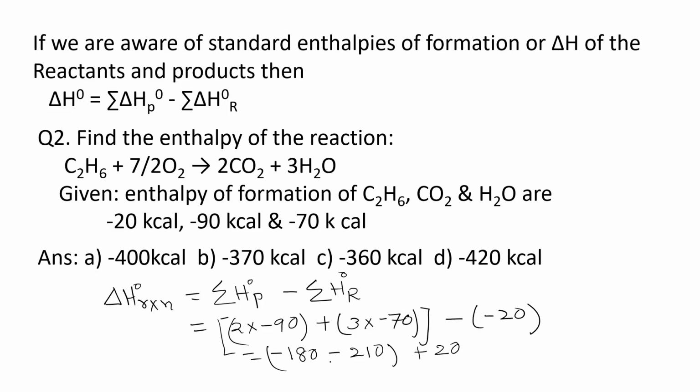So 210, 310, 390, 390 plus 20, that is 370. So it is minus 370 kilocalorie. This is the answer. So the answer is option B.